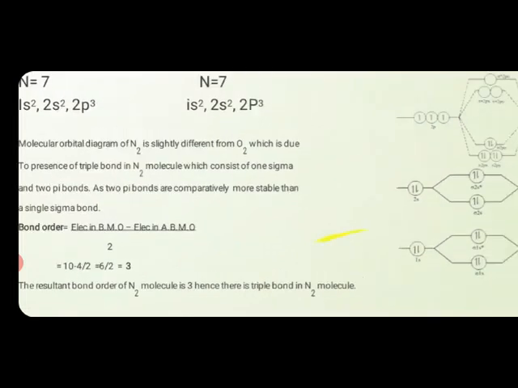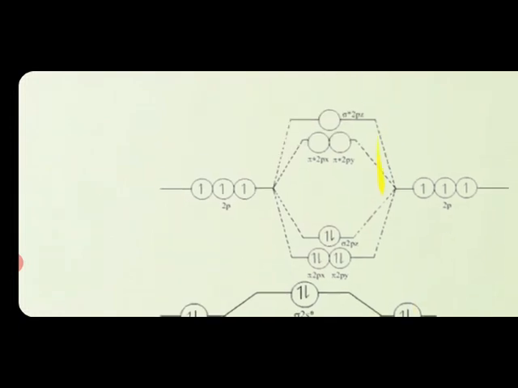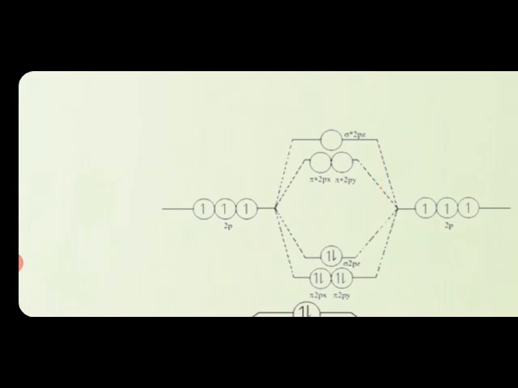That's why the orbital makeup will be slightly different, because sigma 2px will be higher in energy as compared to pi 2py. So px will join with px forming sigma 2px and antibonding sigma star 2px. Py will join with py forming pi 2py and pi star 2py. 2pz will combine with 2pz forming pi 2pz and pi star 2pz.